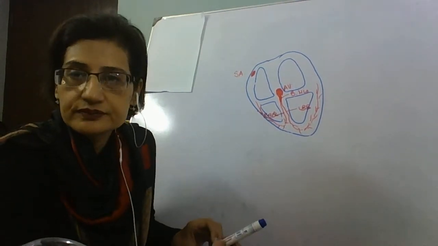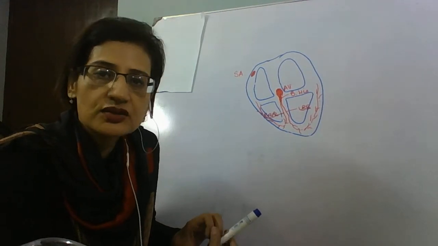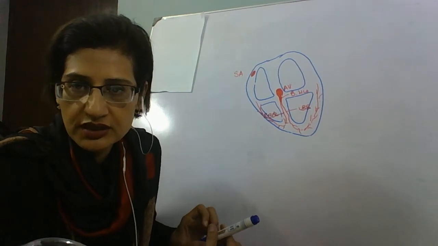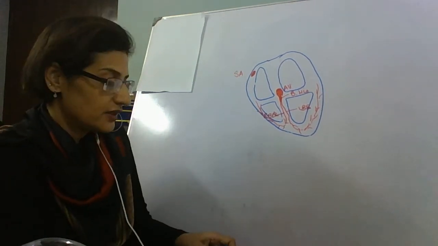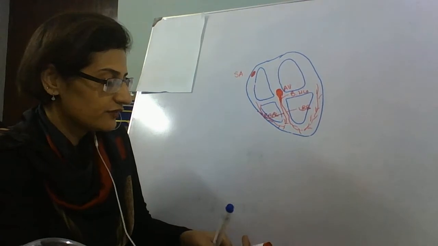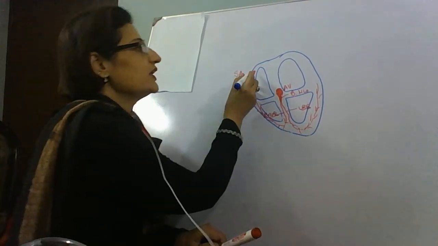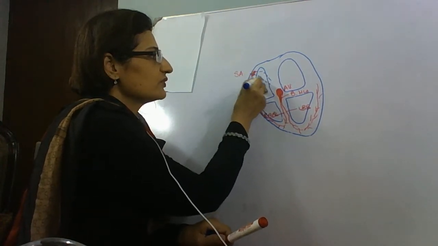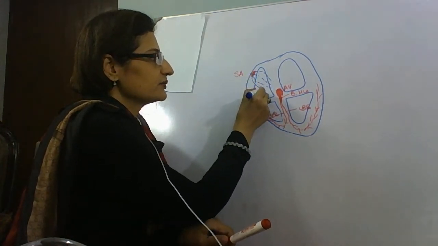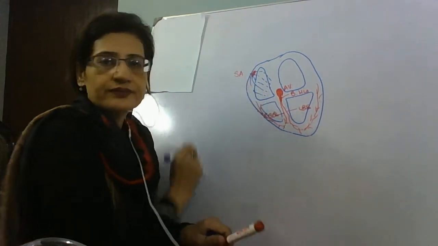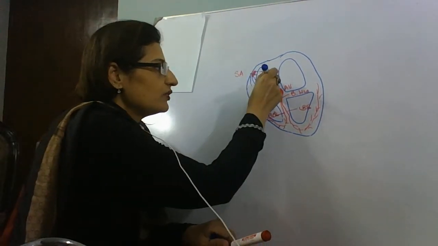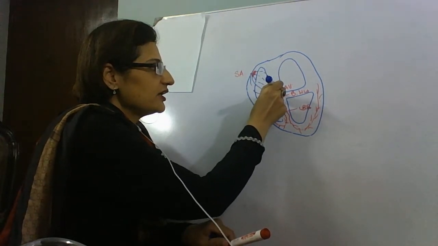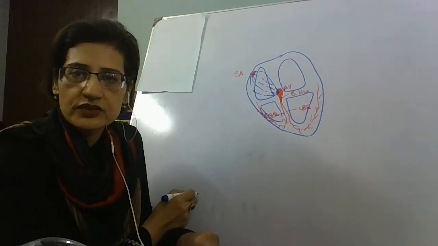So normally the SA node starts off the cardiac conduction cycle, right? So if we look at the SA node, it sends fibers into the walls of the atria, right? And all of them eventually direct into the AV node, right?